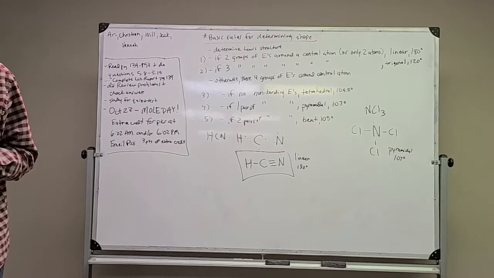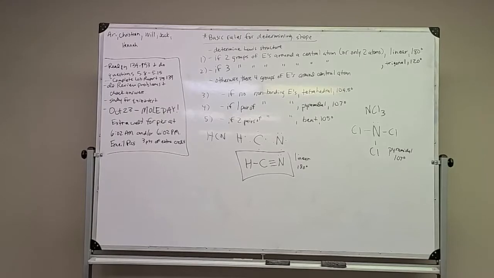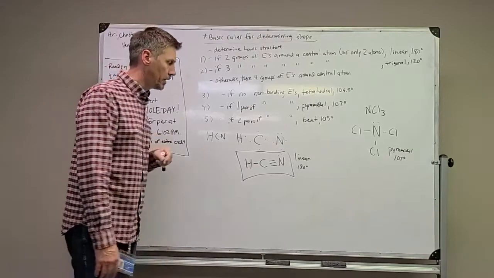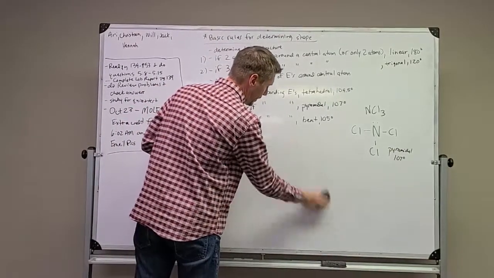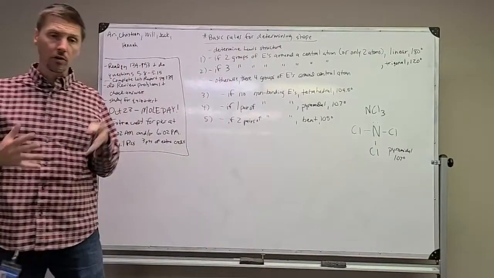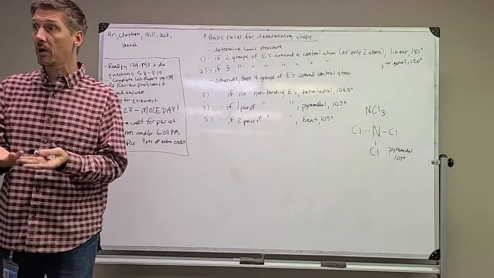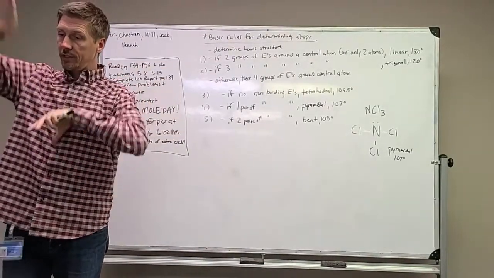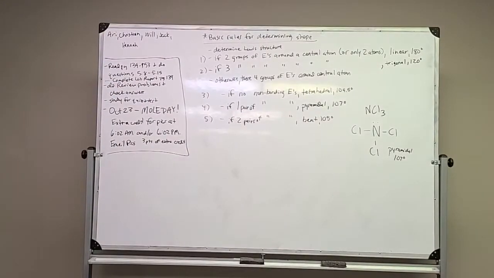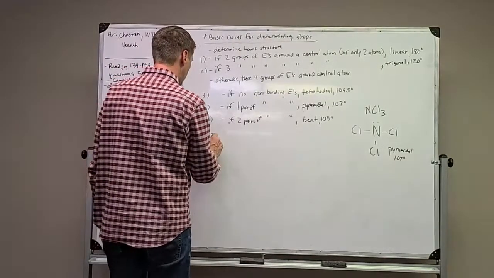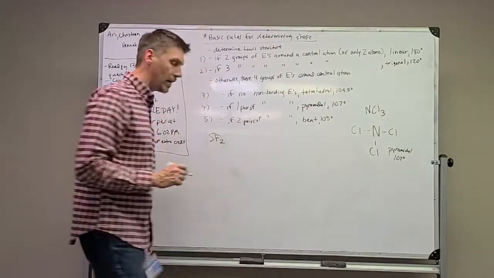All right, so this last thing here, I've already kind of talked about this, but we'll do an example. It's the fact that you can have polar covalent bonds, but still have a purely covalent molecule because everything's being tugged on evenly, right?